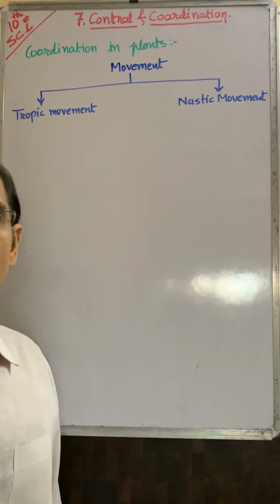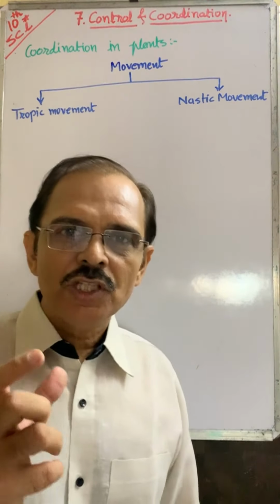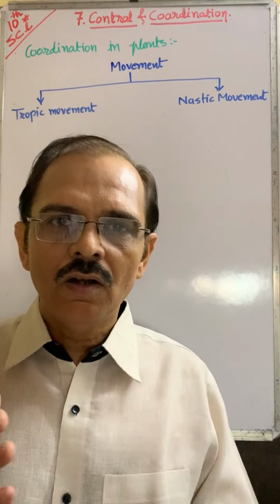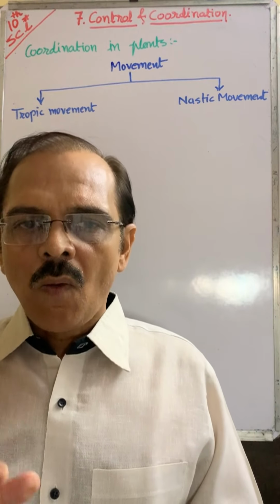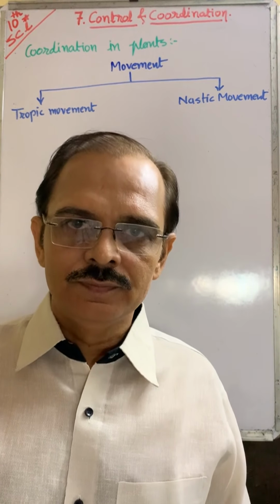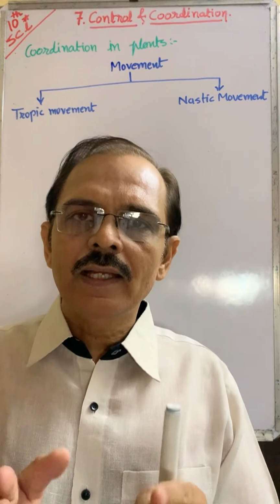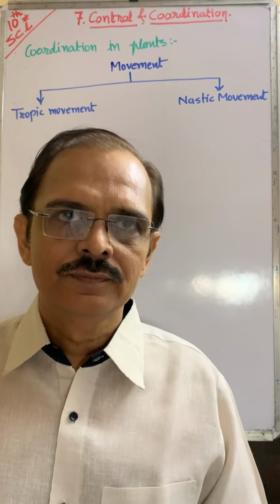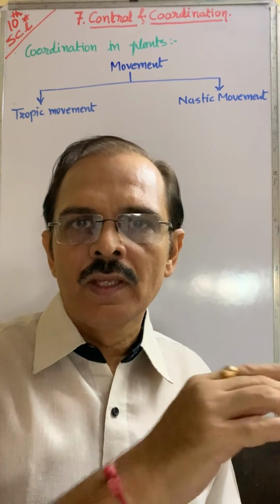What do you mean by tropic movement? See, if there is any movement of curvature. What do you mean by movement of curvature? It means if there is any directional movement towards a certain direction, then it is called tropic movement.